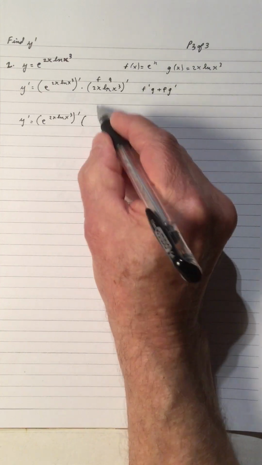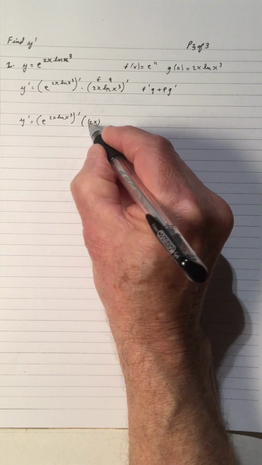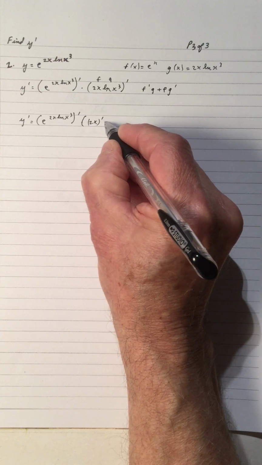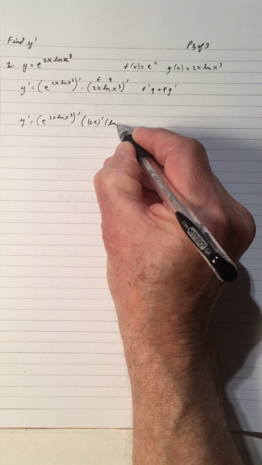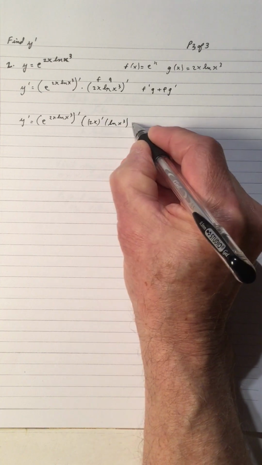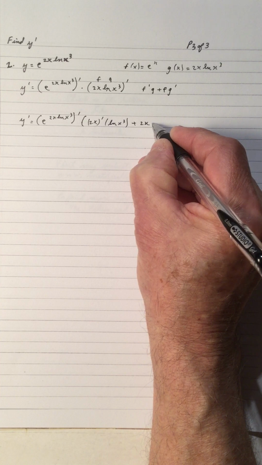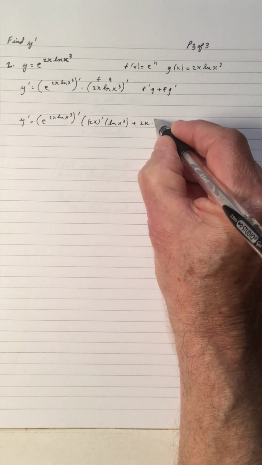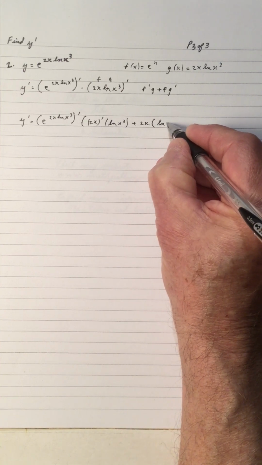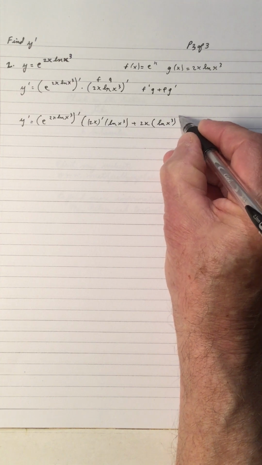Okay, here we go. There's 2x, the derivative of f, times g. Add on f, which is 2x, times the derivative of g.